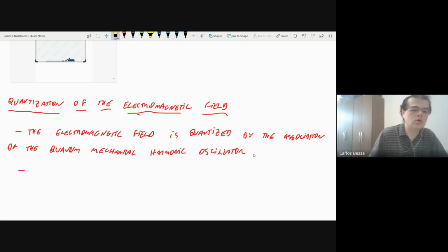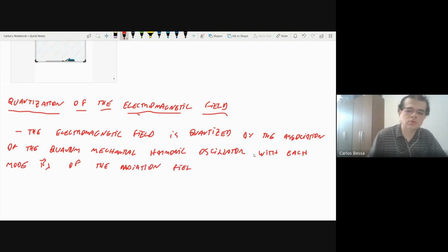Okay, the electromagnetic field is quantized by the association of a quantum mechanical harmonic oscillator with each mode k lambda of the radiation field in a cavity.